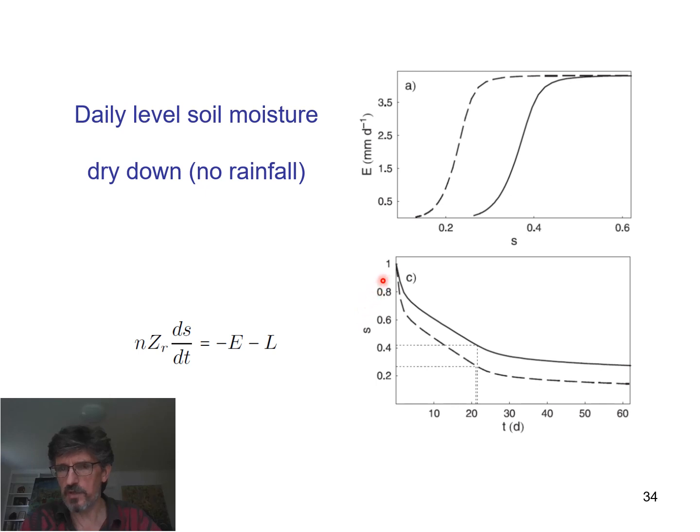And if you don't have rainfall, it will be a long dry down, beginning very fast because of percolation, and then less fast because of evapotranspiration. And then once the evapotranspiration gets almost to zero, it's a very slow decay with the little remaining evaporation after the wilting point has passed. This behavior here is connected to an evapotranspiration function, which could be smooth or it could be piecewise of this type.